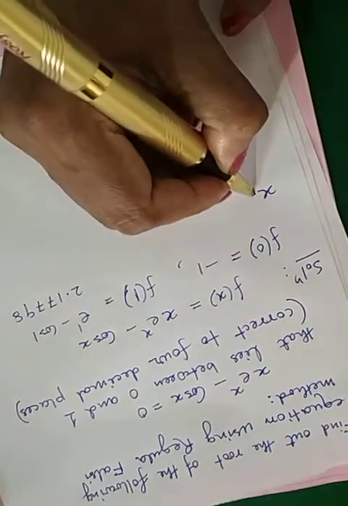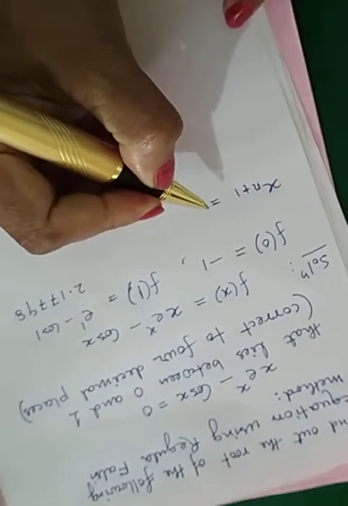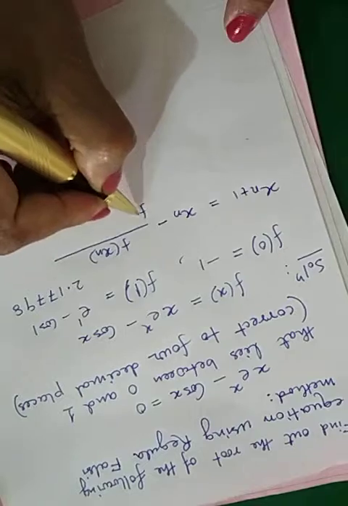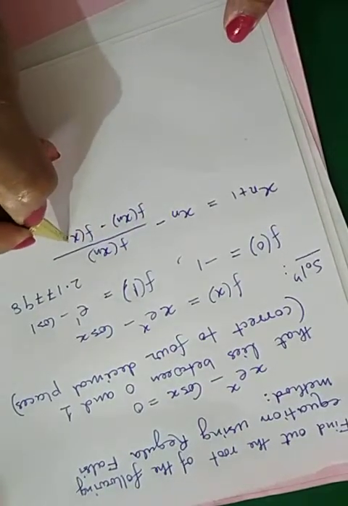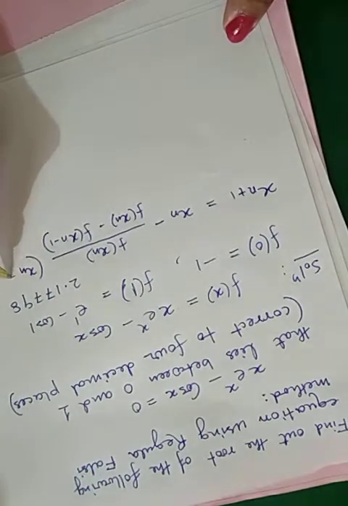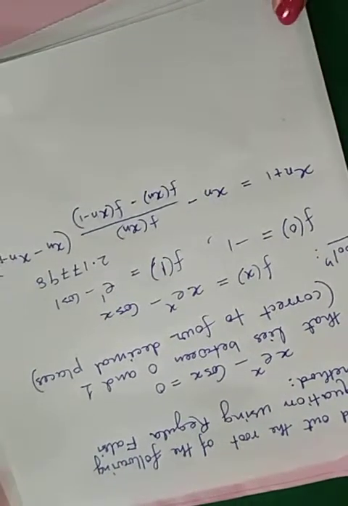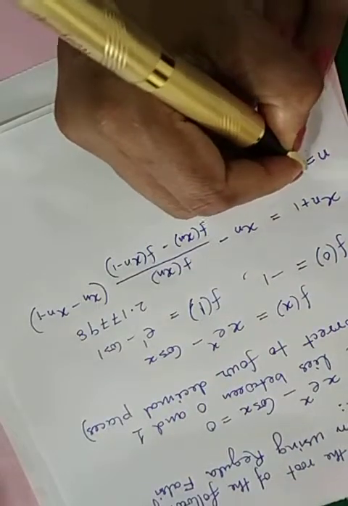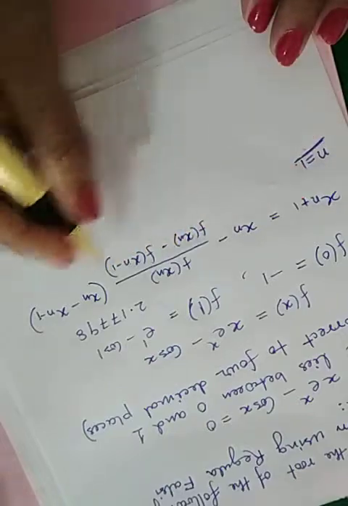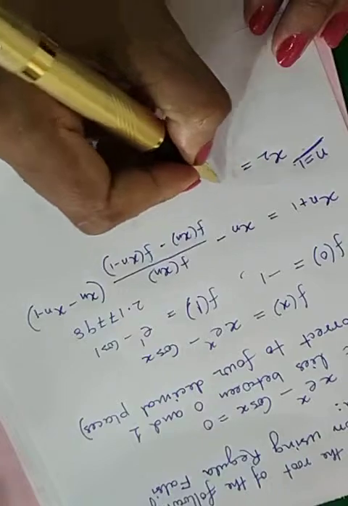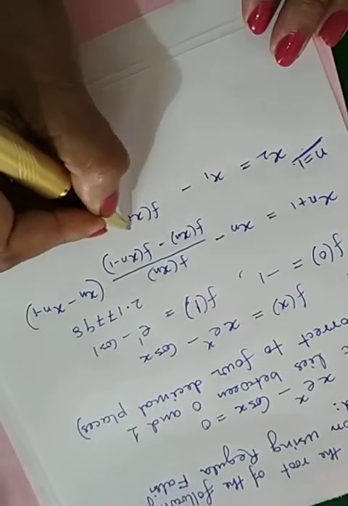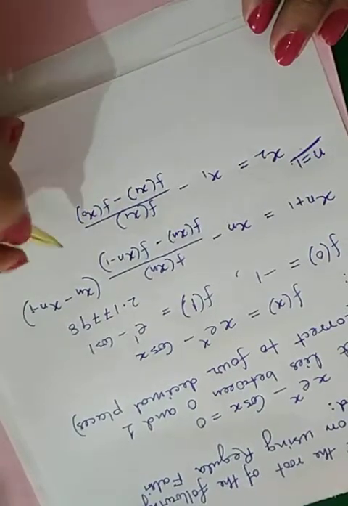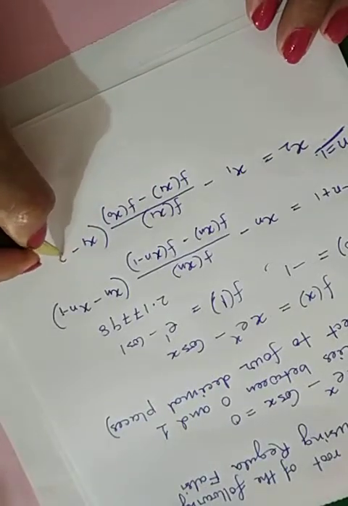Now the general formula of Regula Falsi is x(n+1) equals x(n) minus f(x(n)) divided by f(x(n)) minus f(x(n-1)), multiplied by x(n) minus x(n-1). Now for n equals 1, put n equals 1 in this equation, then x2 equals x1 minus f(x1) divided by f(x1) minus f(x0), multiplied by x1 minus x0.